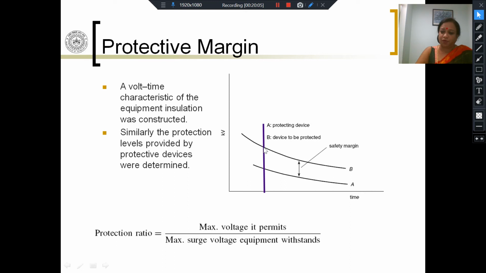So the maximum voltage that the equipment can withstand is greater than the maximum voltage that will be permitted. And the ratio between these two voltages is the protection ratio, and the difference between these two at all points as a function of time is called the safety margin. So this is how we set about deciding the protection levels and the insulation levels.